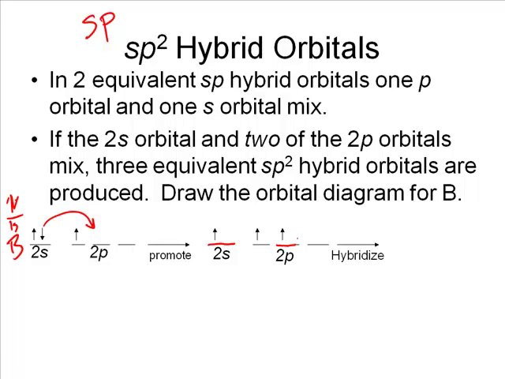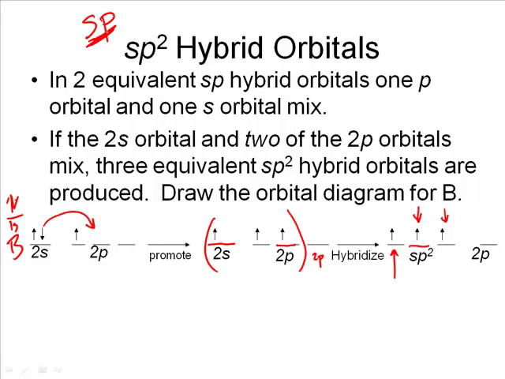Once we promote it, then we also have to hybridize it, which basically means we're going to take this and these and put them together, and we're going to leave this one empty 2p all by itself. Now, why is it called sp2? It's because we've taken one s orbital and two of the p suborbitals to make an sp2 hybrid orbital.